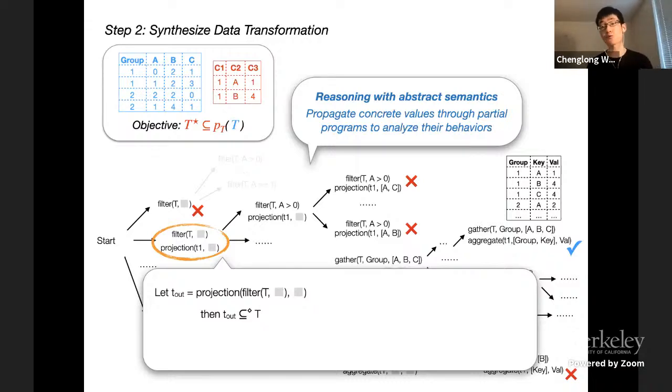If we evaluate abstractly, we just get an upper bound of the result, which is essentially the input table. It means that any possible output will be contained by this input. For this particular case, this is the abstract output. So in general, the reasoning allows us to summarize behaviors of all programs with all possible parameters, in this case.